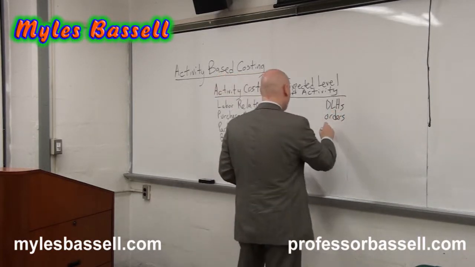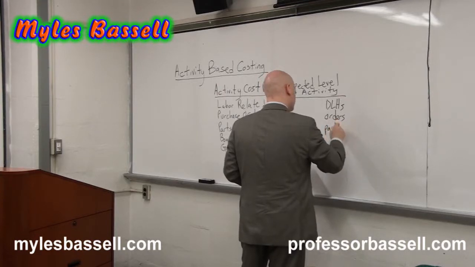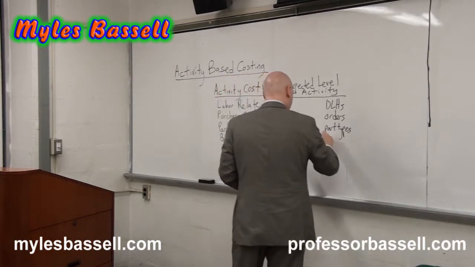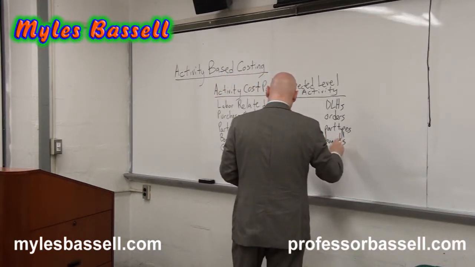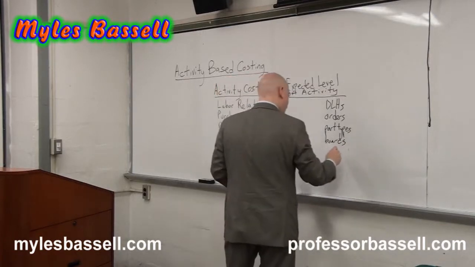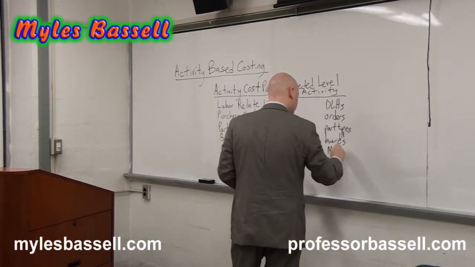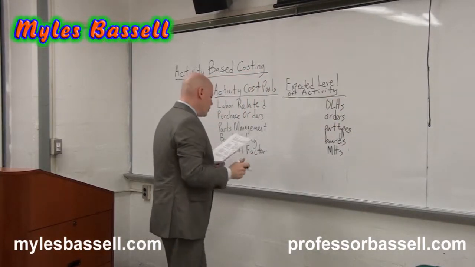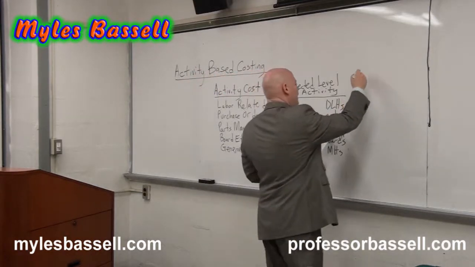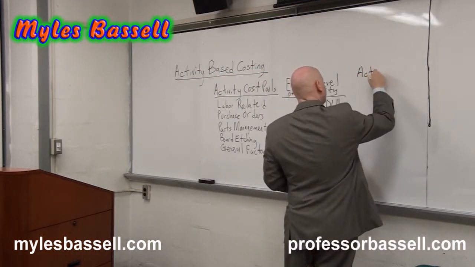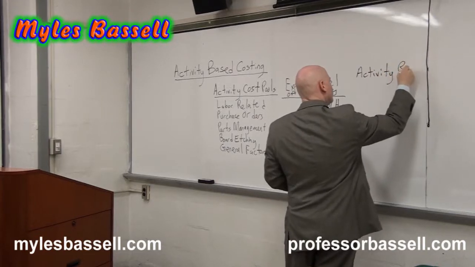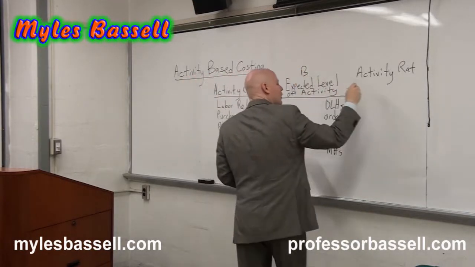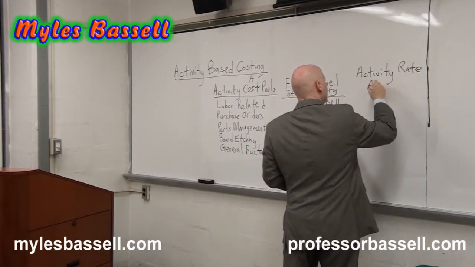We're going to look at the number of part types, the number of boards, and the number of machine hours. So here we're looking at direct labor hours, here we're looking at machine hours. And then we're going to find out what the activity rate is. So let's say this is A, this is B, and this is A divided by B.